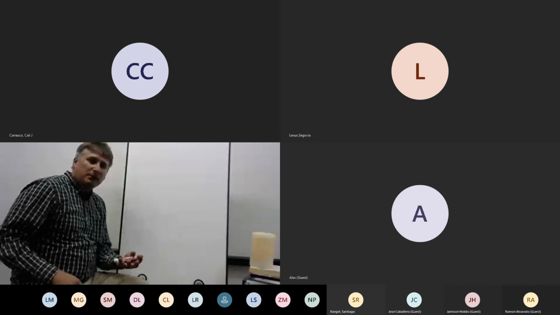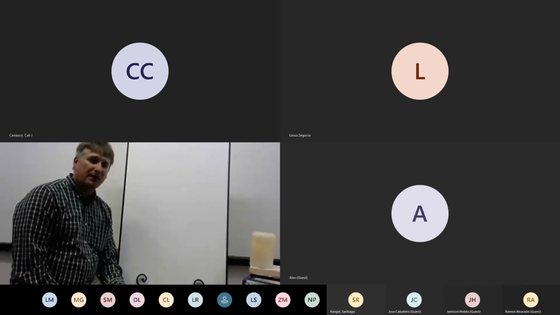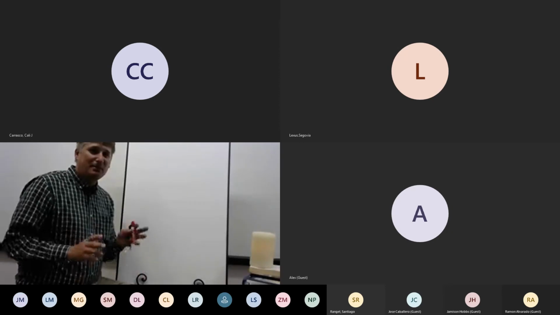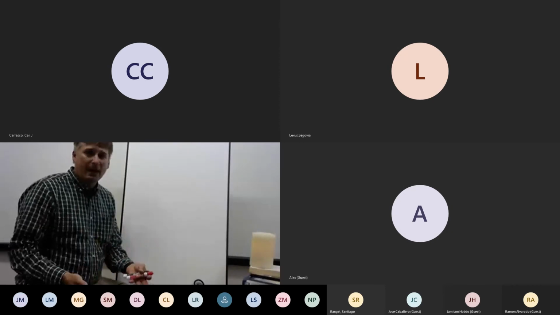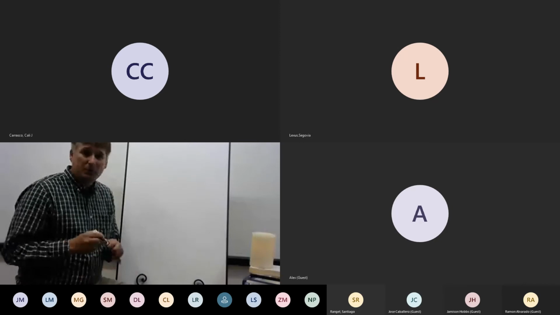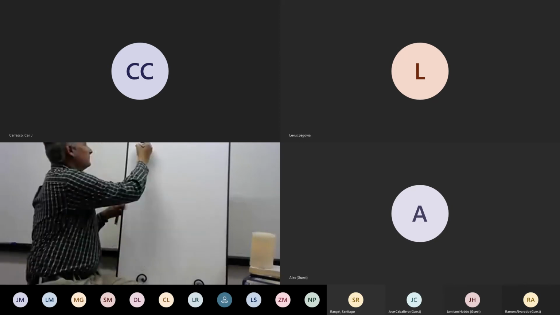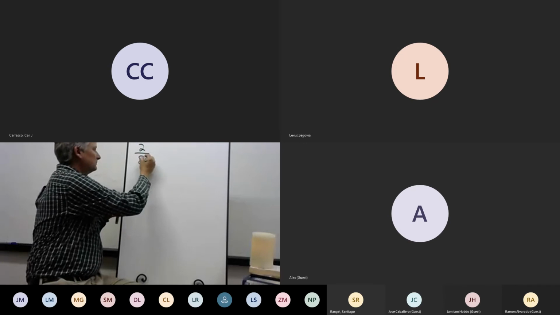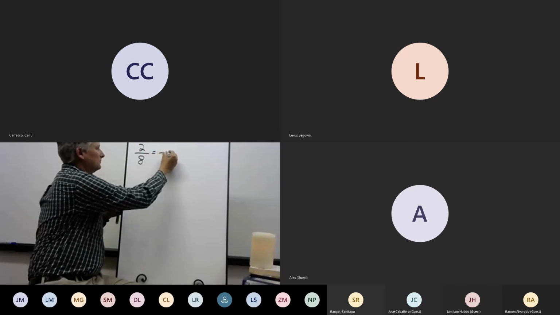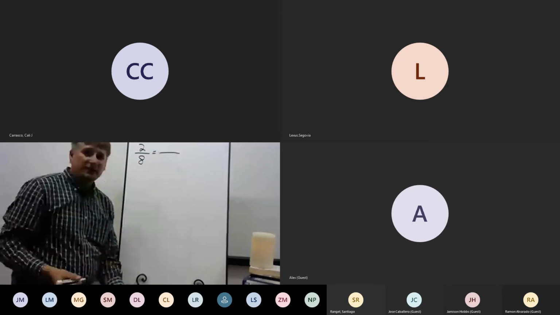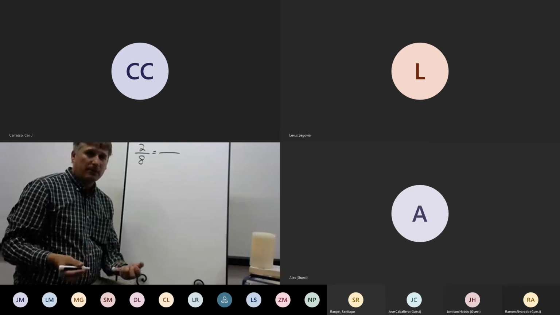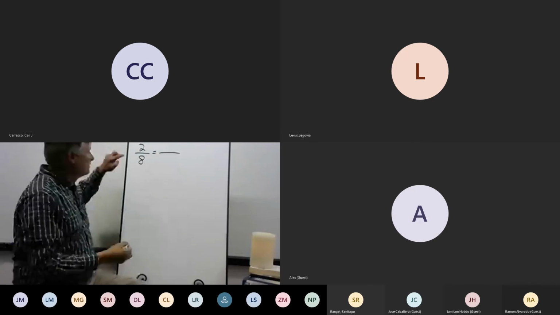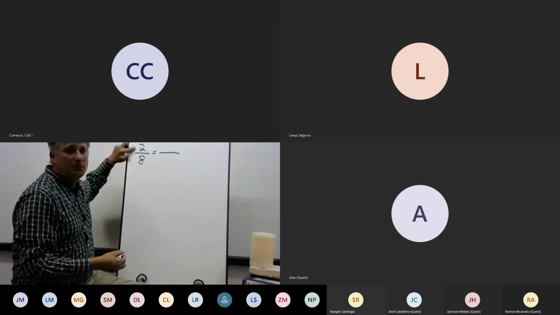Well, last time when we looked at reducing fractions, we learned about this idea that we can divide the top and the bottom by the same number. That's allowed in mathematics. So if we want to reduce, say, this fraction, we could list out the prime factorizations, but we might also recognize I can divide this by 2.